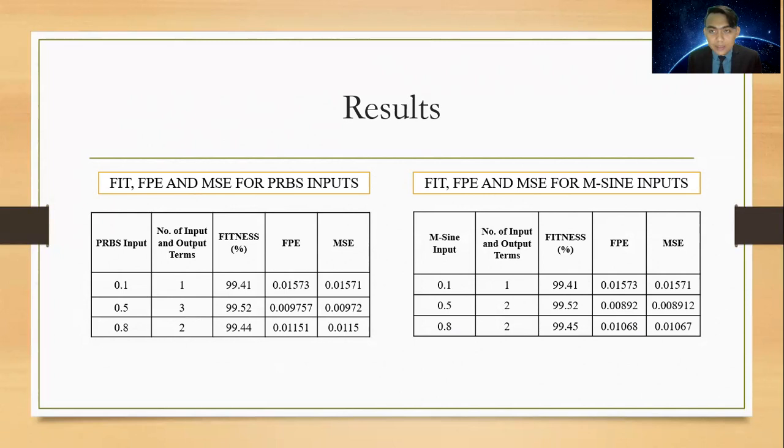For every input and output term, we use 4 numbers, and from there we compare which one gives the best value. For the experiment, we use 3 bands for multisine and PRBS, which are 0.1, 0.5, and 0.8.